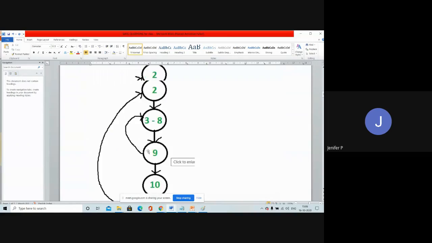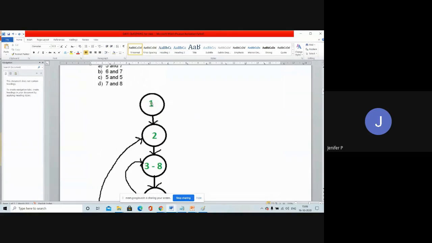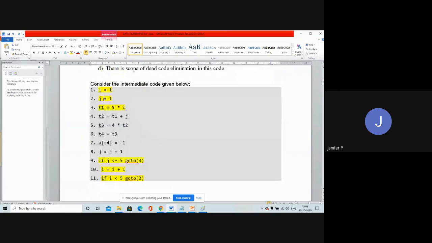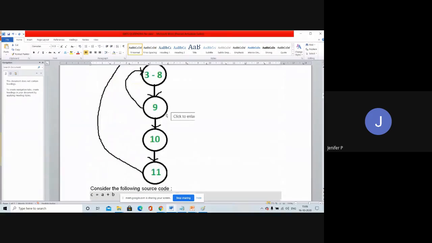So this is your diagram, the control flow graph. See, 1 is a leader, 2 is a leader. So this is a separate block, and 2 is also a separate block, and 3, after that 9 is a leader. So 3 to 8 is a block, then 9 is a block, 10 is a block, 11 is a block.